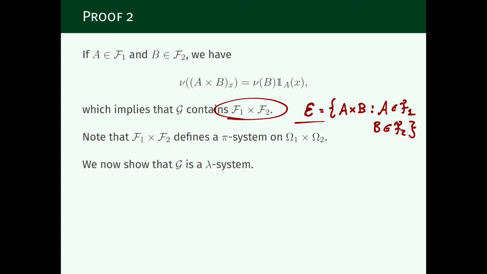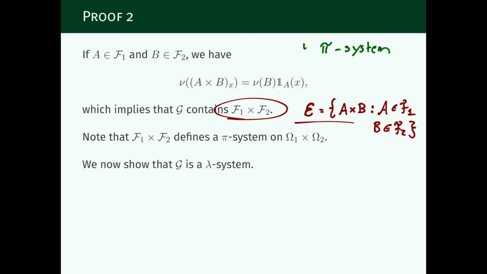This family is a pi system. You can check that if you take two sets of this form and take the intersection of them, the intersection is also a set that can be written in this form. So it is a pi system.